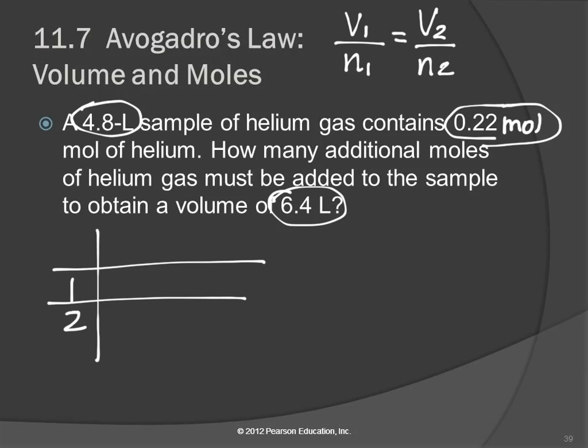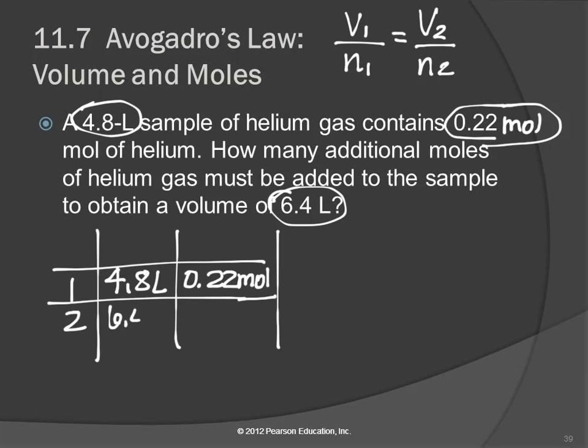We've got condition 1 and 2. We've got a 4.8 liter sample, and that contains 0.22 moles. And the other number that's given there is 6.4 liters.